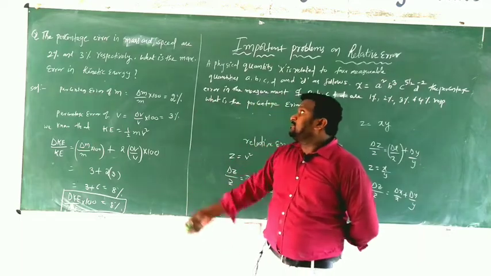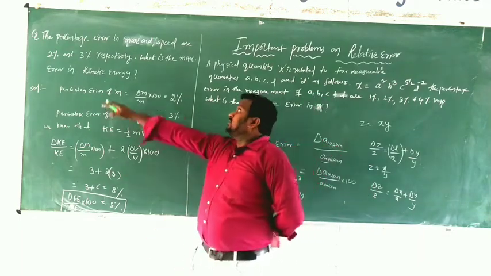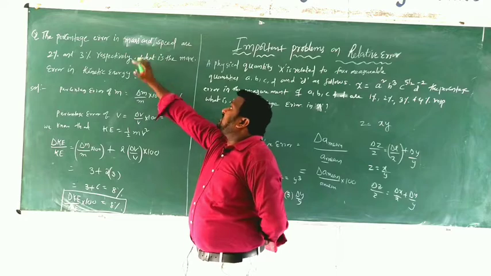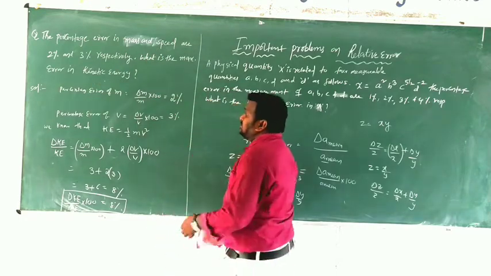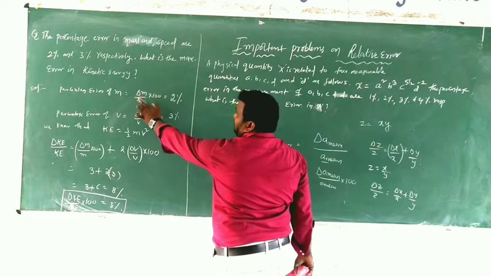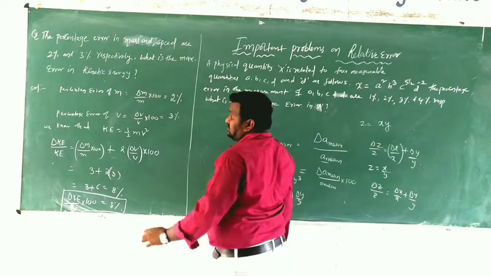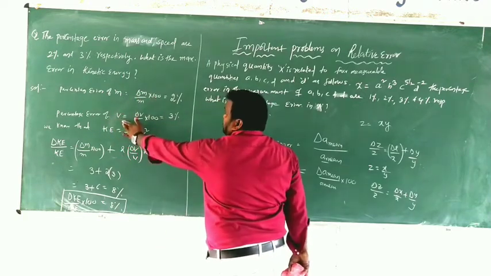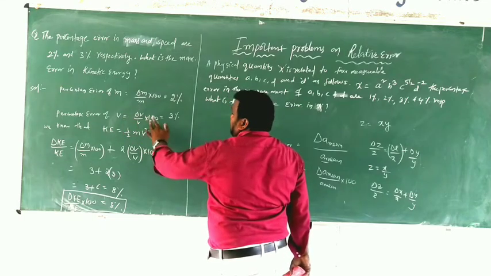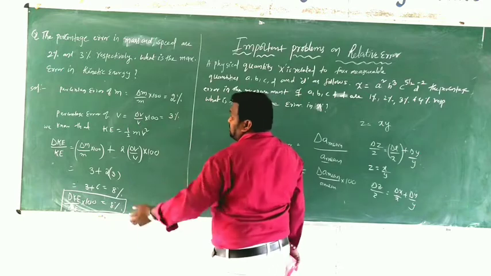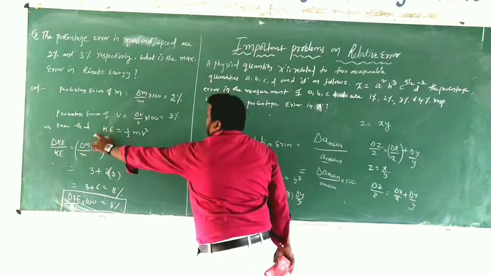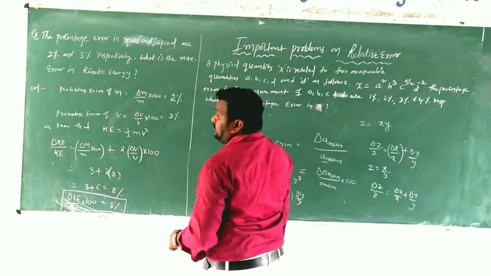So this is the first thing here. See here, the percentage errors in the mass and speed are 2 and 3%. The percentage error of mass can be written as delta m by m into 100 is equal to 2%. Similarly, percentage error of v is delta v by v into 100, we can write 3%. To do this calculation, we must remember the formula K is equal to half m v square.